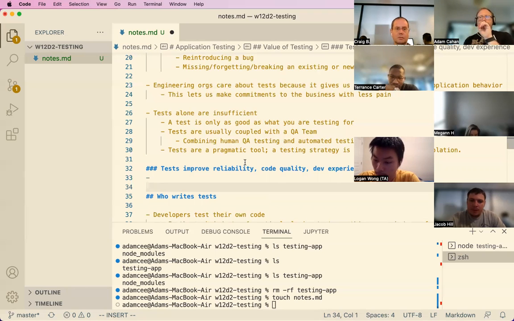Really, the main takeaway for today is to understand why testing is important for your employer and for you, both as a job hunter and as someone entering the profession as a software engineer. And then the other thing is we'll look at a bit of code and see how to get started with it.